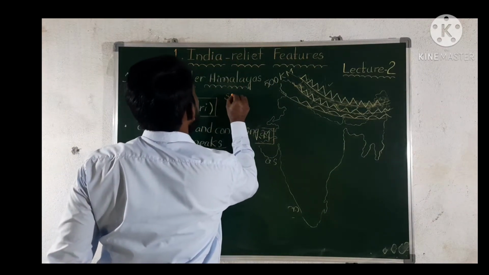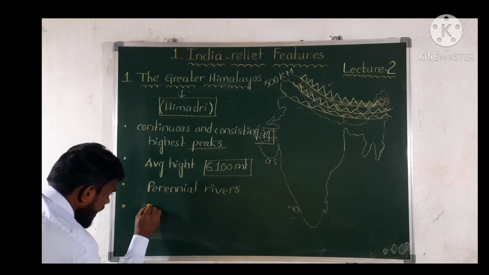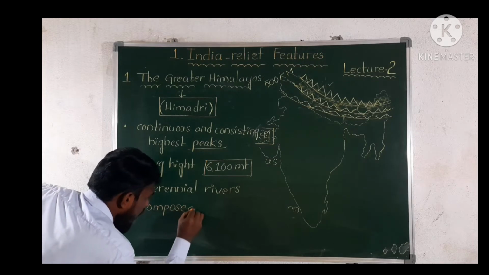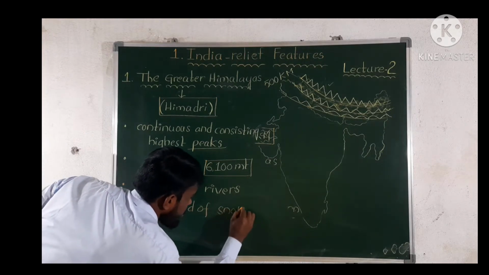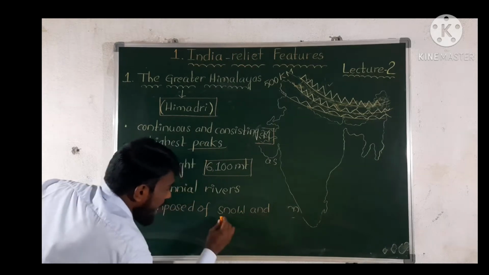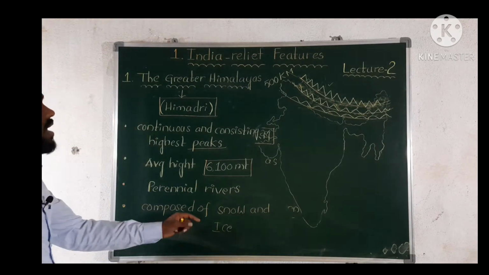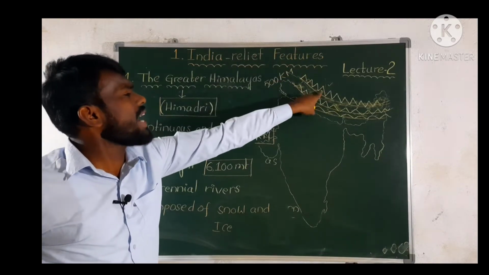All this about the Greater Himalayas is very important. The Greater Himalayas, Himadri, are composed of snow and ice cover. Which is the range composed of snow and ice cover?